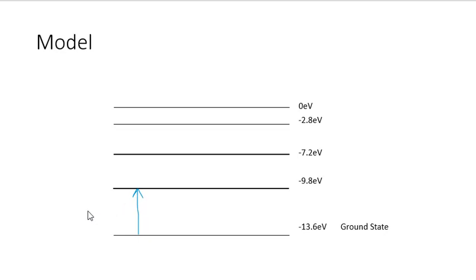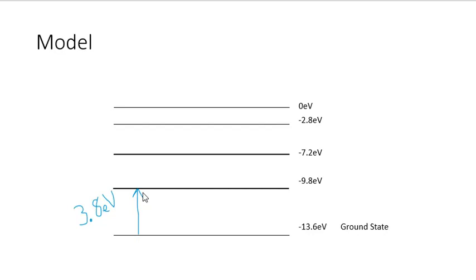It would take a photon of 3.8 electron volts to cause it to do that. So if a photon came in with 3.8 electron volts and struck this electron, it can go to this level. 3.8 is not enough to break it free. It takes 13.6, but it would bring it to a higher energy state, this being the first higher energy state.